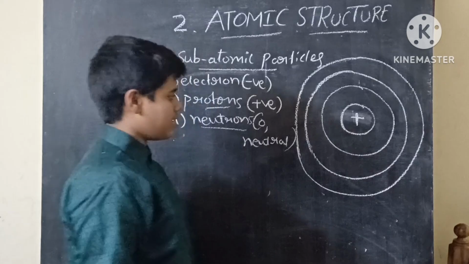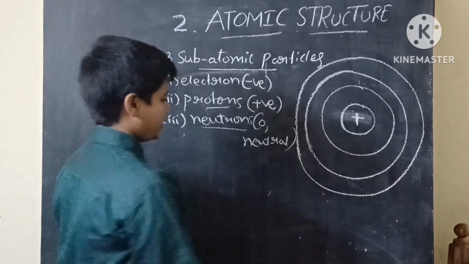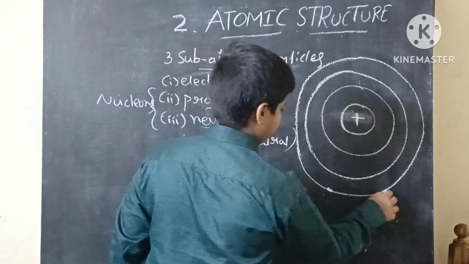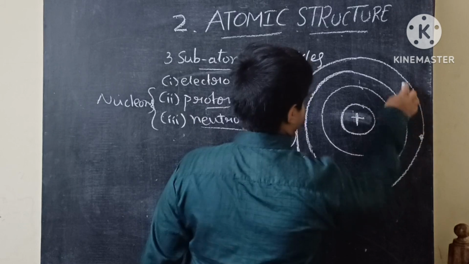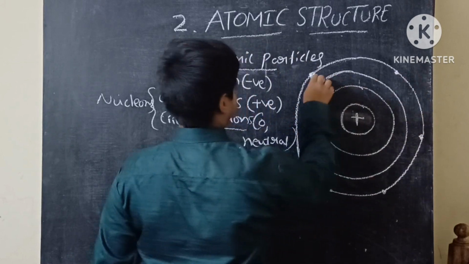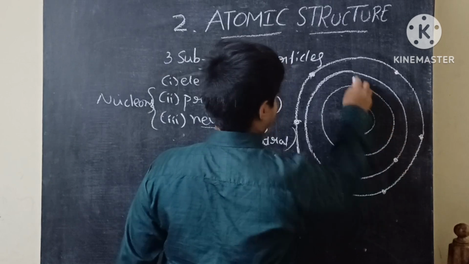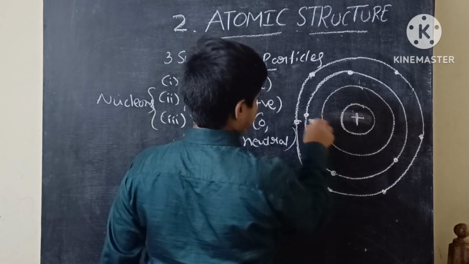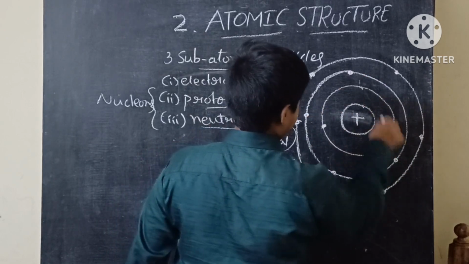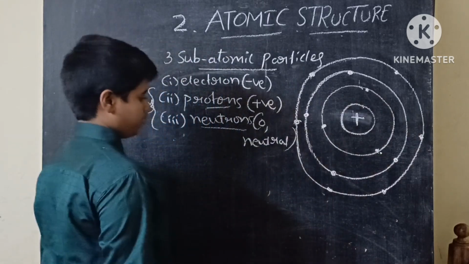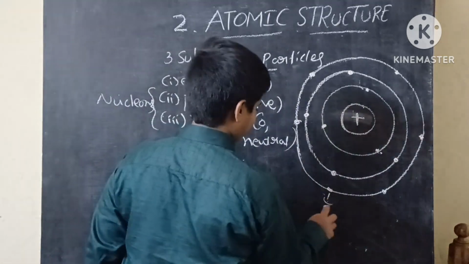Okay, so this is the structure of an atom. In these circular paths, electrons will revolve. Okay, so these are electrons.